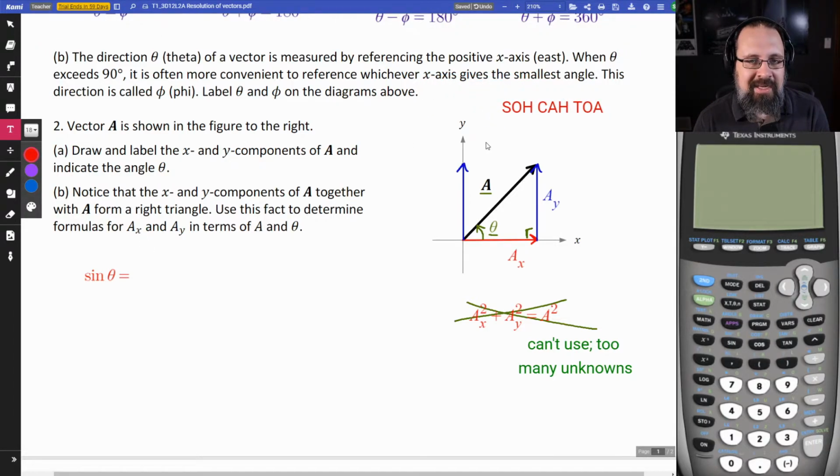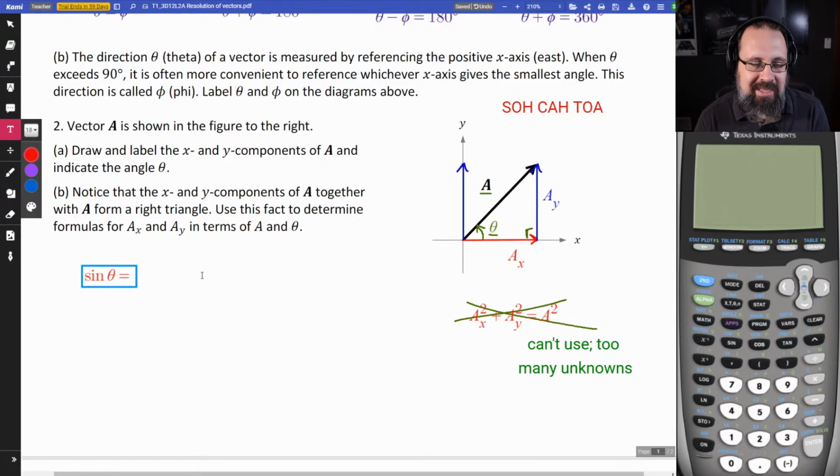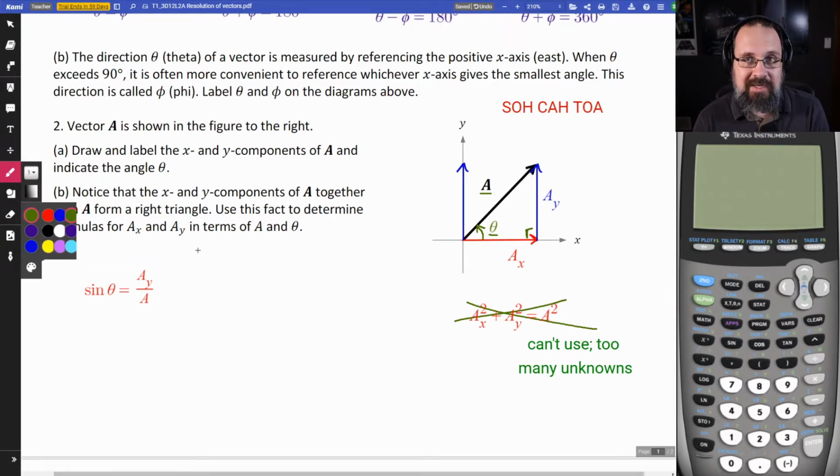And so sine is the opposite over the hypotenuse. So from theta, the opposite is AY and the hypotenuse is A. So sine theta is going to be AY over A. And if we look at what's known and what's unknown, you'll notice that theta is known and A is known. So we can uniquely determine the magnitude of AY from the sine of this angle.